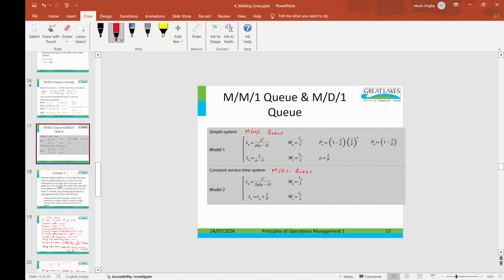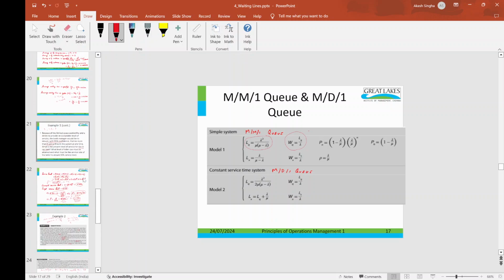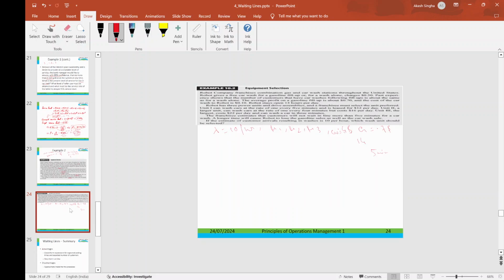So the formula for that is WQ equals LQ by lambda. That is the waiting time, and that should not be greater than 5. And for calculating LQ, this is the formula given. First we have to calculate LQ. I'm just writing down the formulas. LQ equals lambda square by mu into (mu minus lambda).